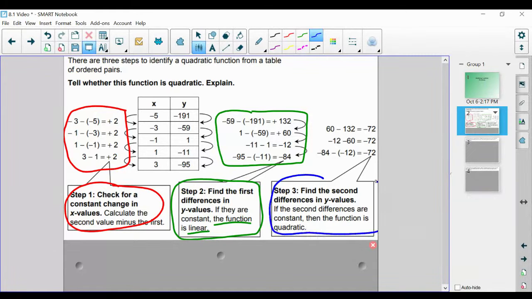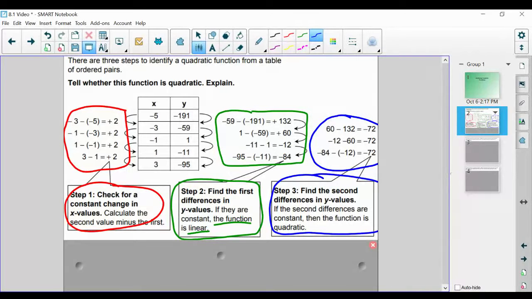And that third step, and this is where it gets cool, we're going to find the second differences in the y values. So now that we have those changes in the y values, we're going to find the differences between them. In that first example, we did 60 minus 132. That's the first difference of the two y values. Then we keep on going down, and we're going to see that those are going to be constant.